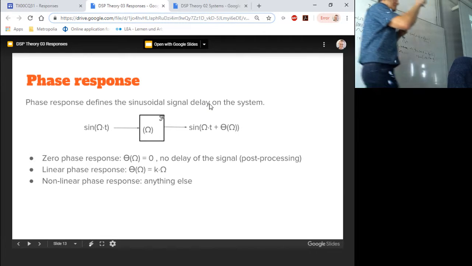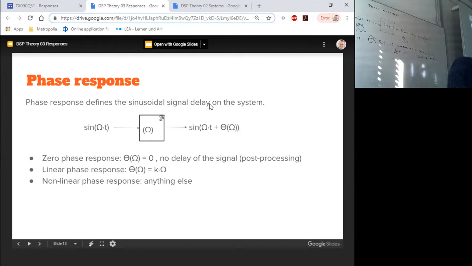Which means, for example, if you are doing a data transfer, you really would like to have this, with different frequencies representing different parts of the same data. You want the same data to remain coherent, meaning you want all the frequency components coming out at the same time.